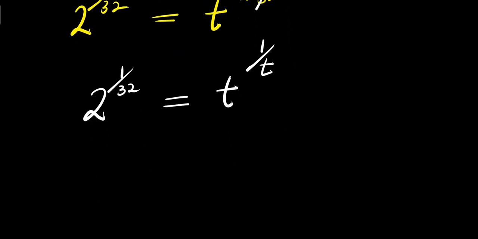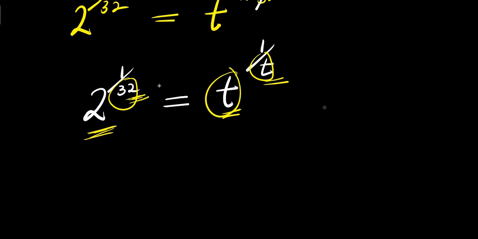Now, at this particular point, you can agree with me that this is 2, this is 32, this is t, and this is t. So the base and this are the same, while this and this are different. For us to proceed with this solving, this and this must be the same.